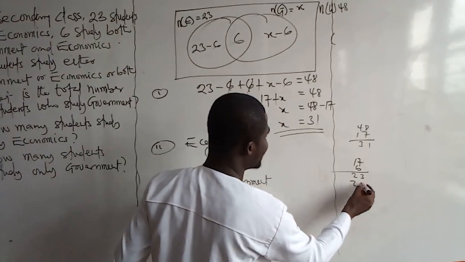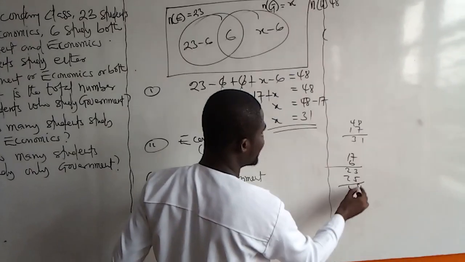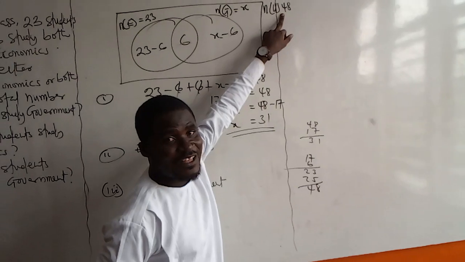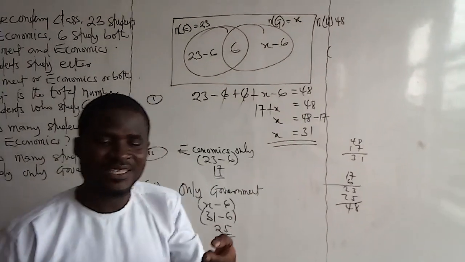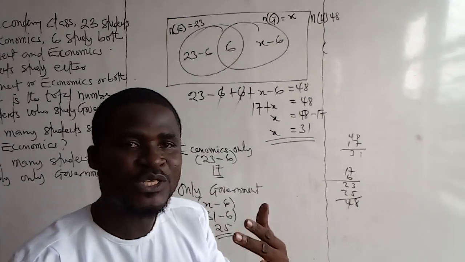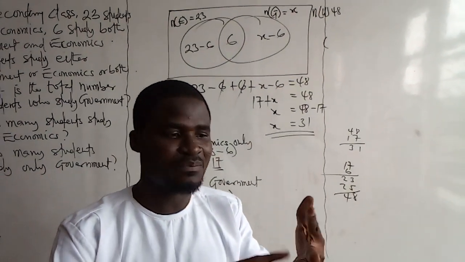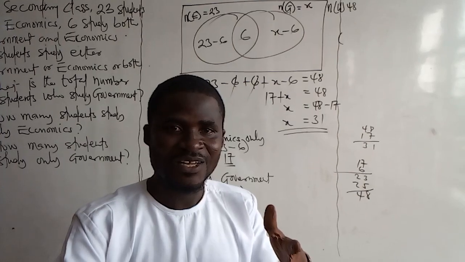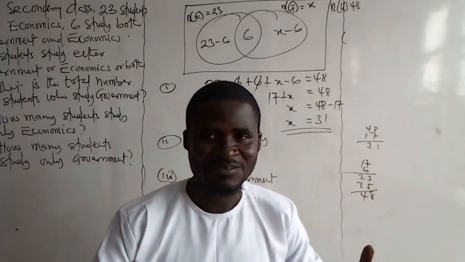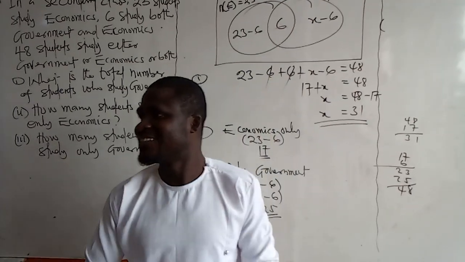So plus 25. So 48. It's up to the universal set. You see? Good. So to know that you are correct, add economics only, plus both subjects, plus government only. It will give you the universal set. If you don't get it, you are wrong. Are you getting it? That's good.